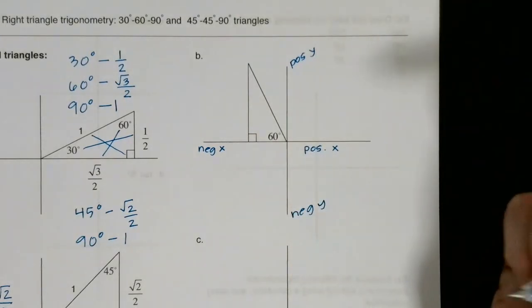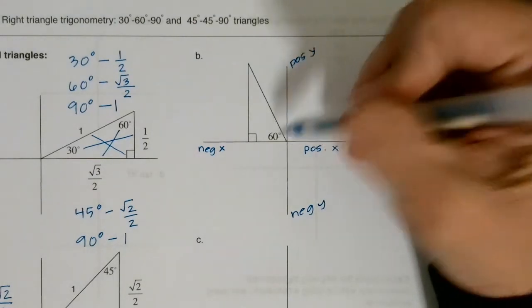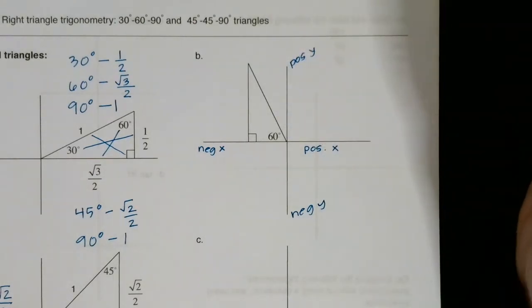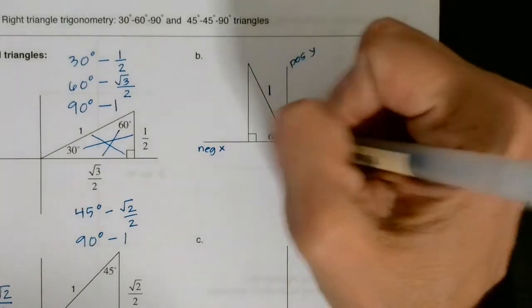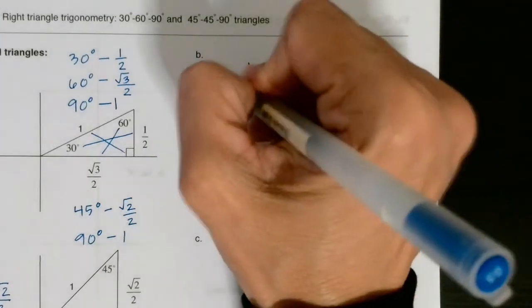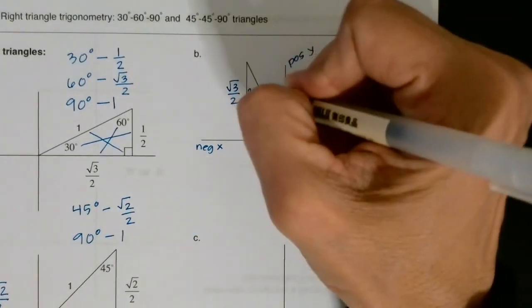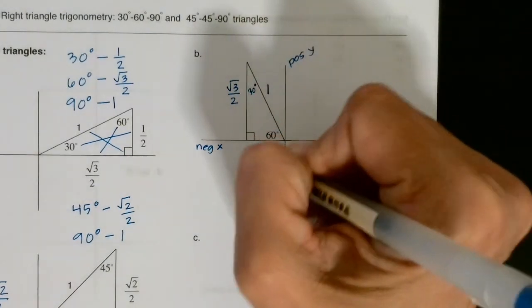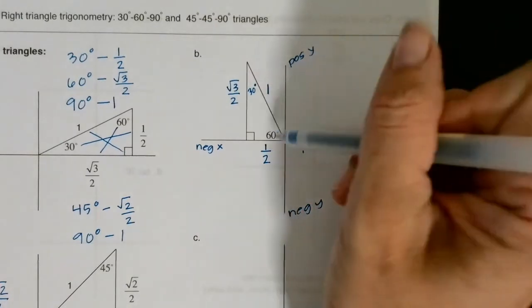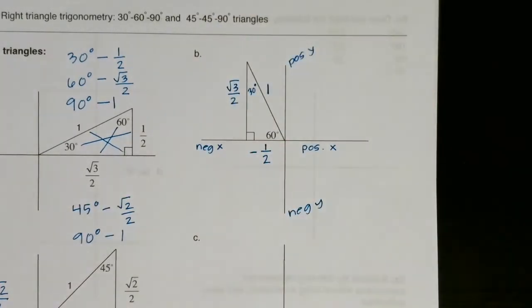So the reason why I want you to write that is because that comes into play. 60 degrees, oh my gosh, 60 degrees is part of a special triangle, so I know the hypotenuse is 1. Opposite 60 degrees is always root 3 over 2. The other missing angle is 30 degrees. Opposite 30 degrees is 1/2, but it's not positive 1/2 because I'm on the negative x-axis, so it's negative 1/2.